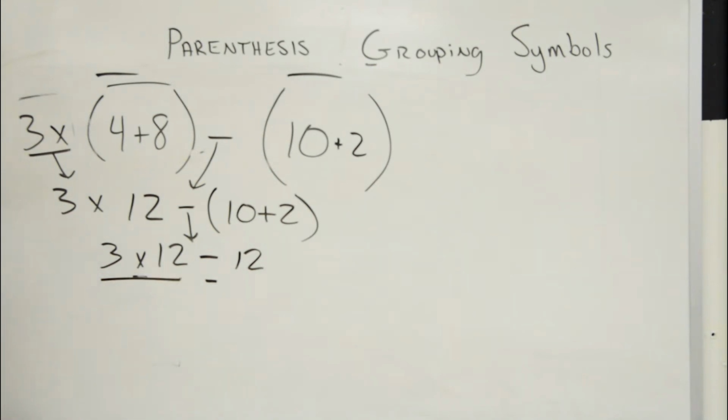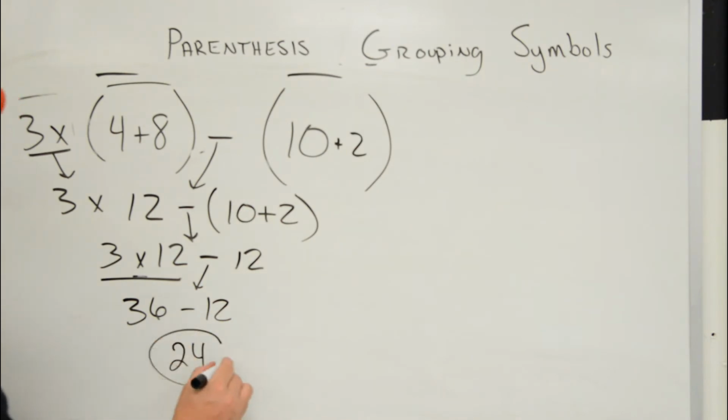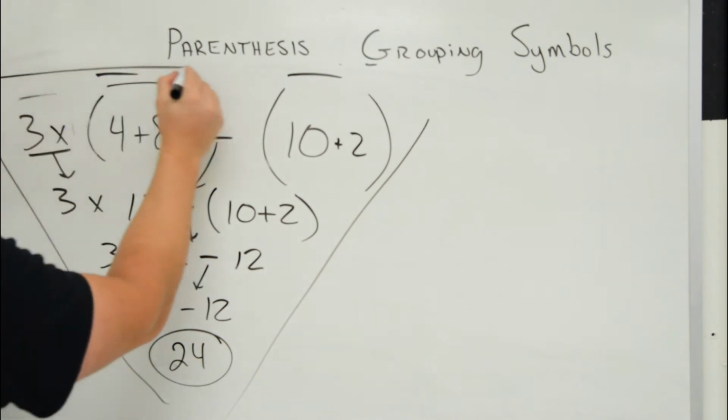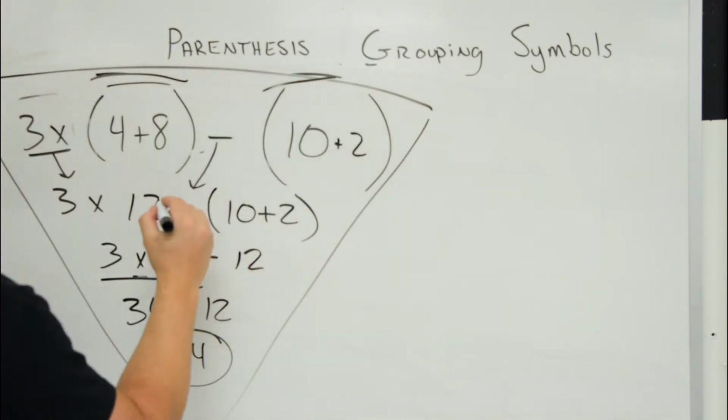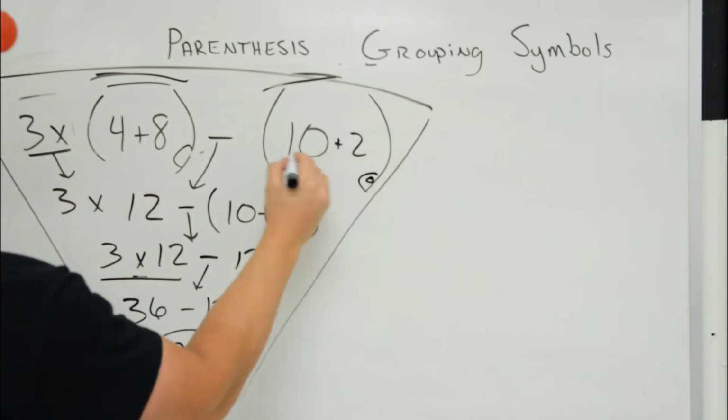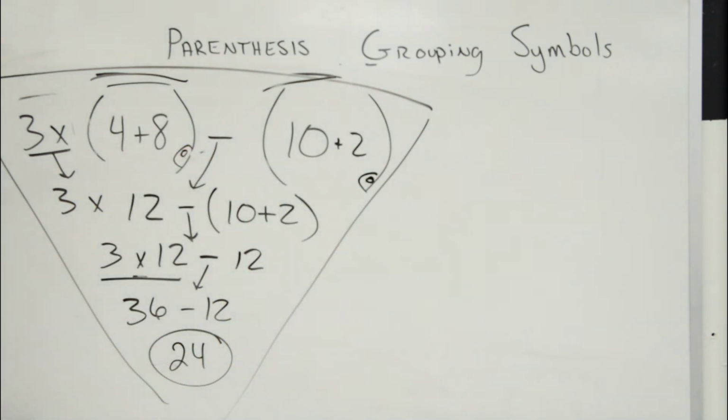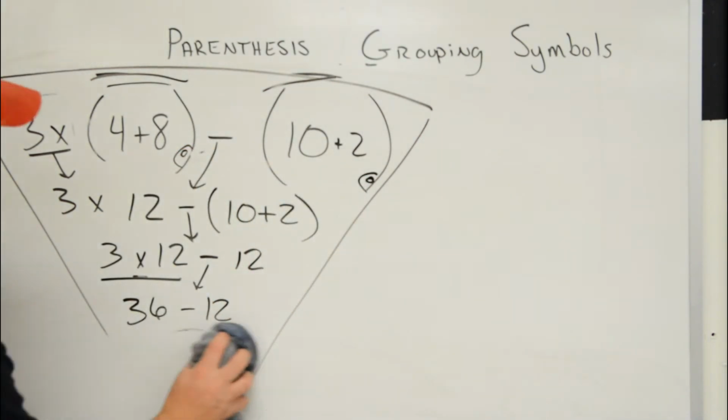So we're going to solve 3 times 12 gives us 36. Bring down our subtraction sign. 36 minus 12, that's going to give us 24. Still got your funnel. You know, with the parentheses, that almost looks like eyebrows right here. I tend to do that too often.